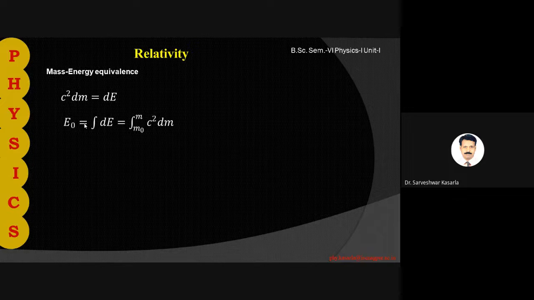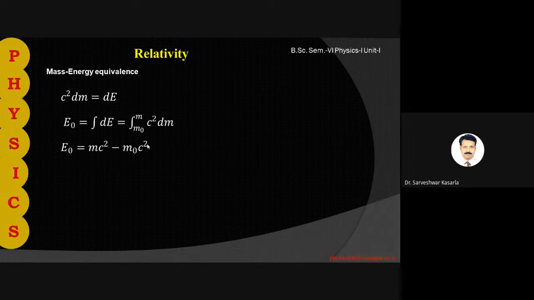Integration limits are from m0 to m. So E0 is equal to the integration from m0 to m of c square dm. If you solve the integration, putting in the limits, you will get E0 is equal to mc square minus m0 c square.